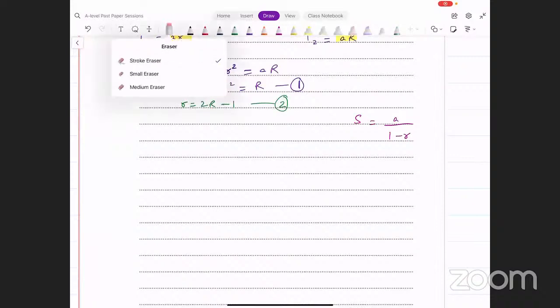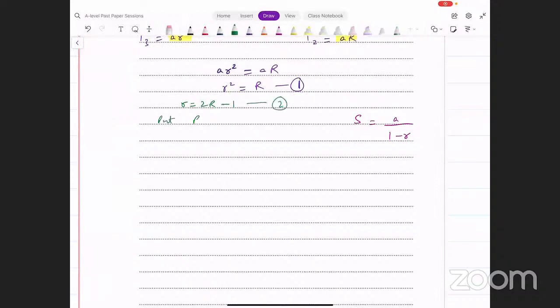That's your choice. नीचे मैं क्या करता हूँ? r की जगह पे, I'm inputting capital R equal to r square here. ठीक है? So I get from this r square equals 2r minus 1, so 2r square minus r minus 1 equals 0. ये मेरे पास एक equation आ गई.